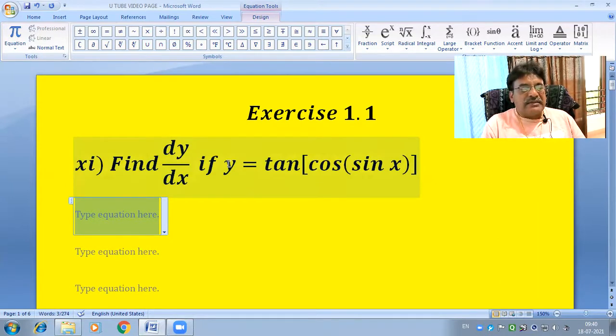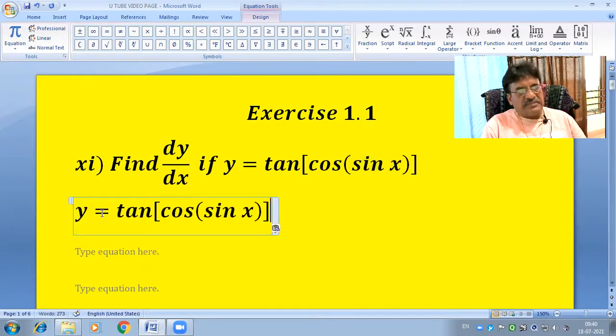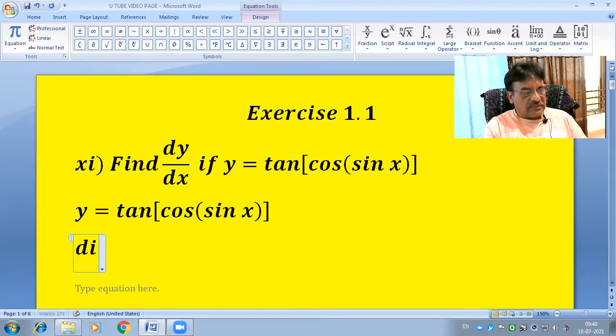First we write the given function here. Then differentiate both sides with respect to x.